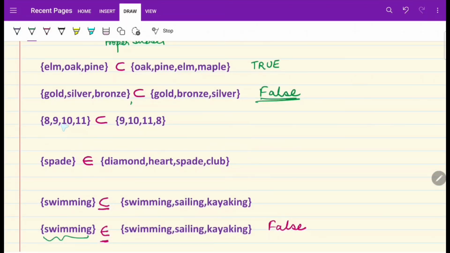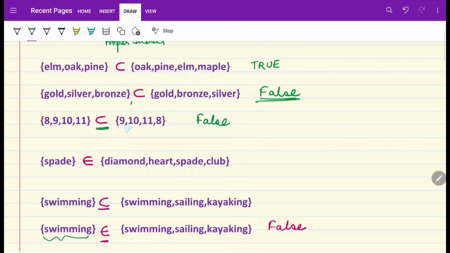The next one is 8, 9, 10, 11, and then it's asking, is it a proper subset of the set 9, 10, 11, 8? So even though the order of the elements is not the same, the elements are essentially the same. And because the symbol here is for that of a proper subset, it's false, correct?